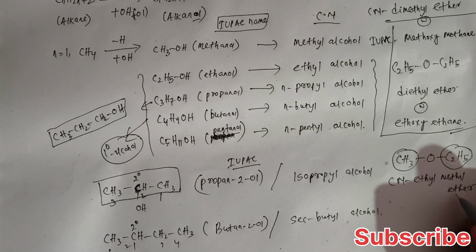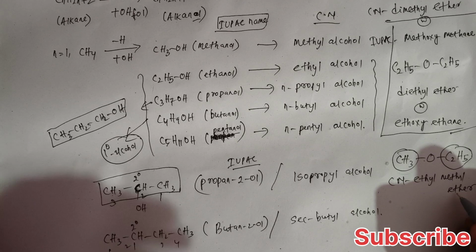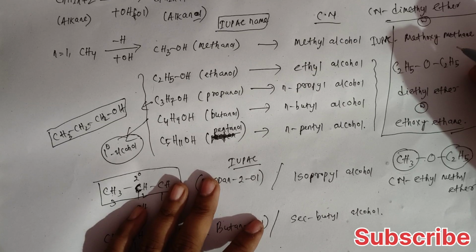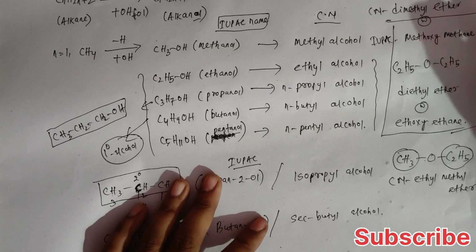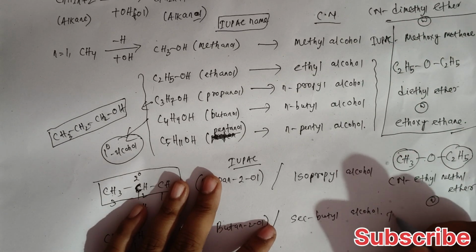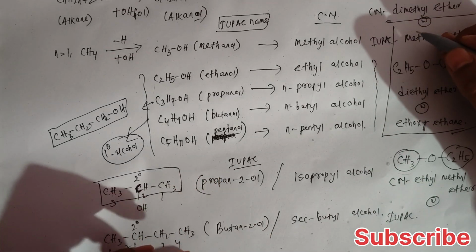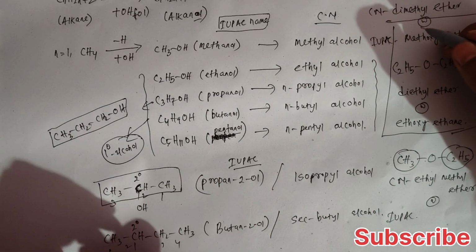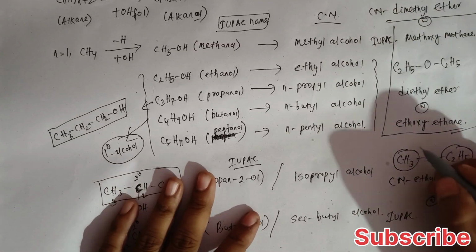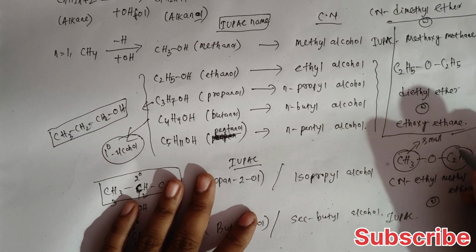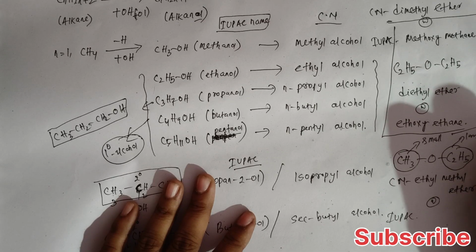Yes or no? I hope it is clear to all of you. Alphabetical order. What is its IUPAC name? IUPAC name follows a rule. The smaller group will be named first, then the name of the larger group will appear.